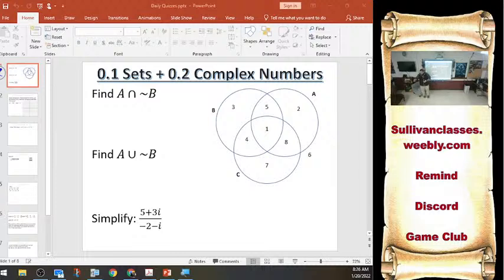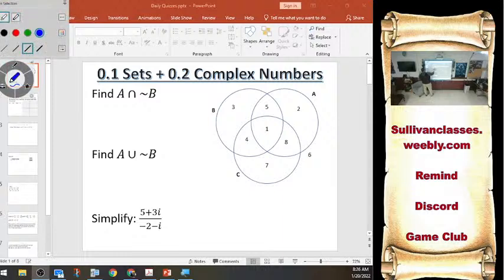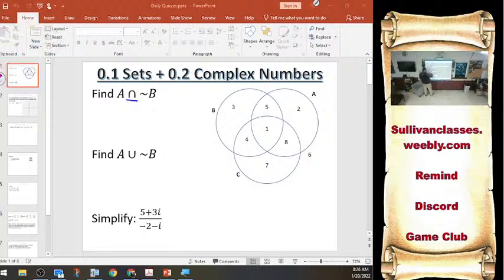Remember, you can use not, or you can use prime to mean not B or complement of B. They're both referring to the same object, the same space, everything that was not in B. So if I want everything that is in A and has to be in B, or not B, that means I have to take all of A, and it also has to meet the condition of it was not in B. 2 and 8. That's it.